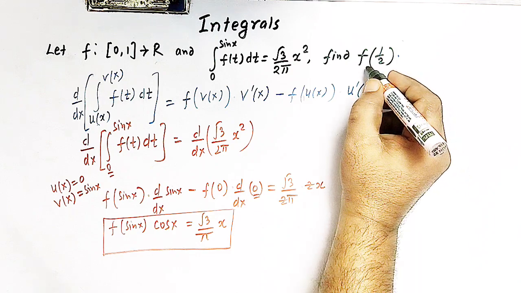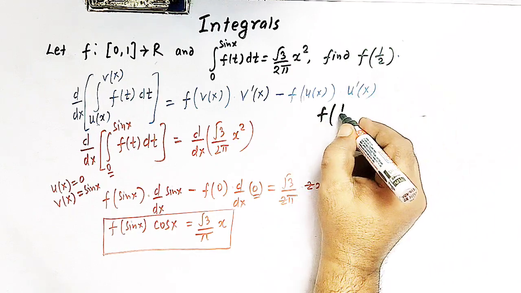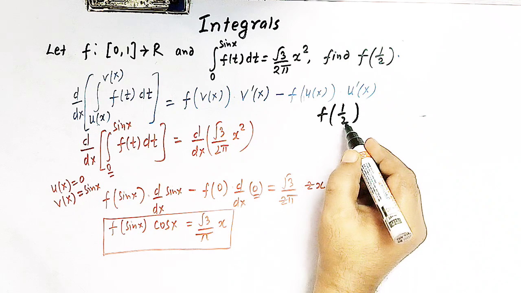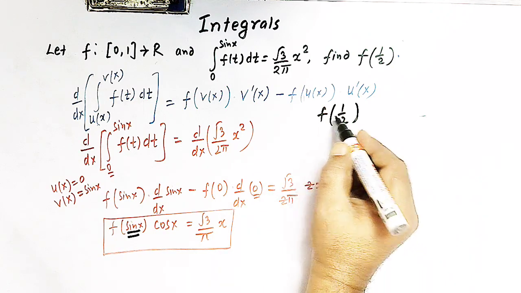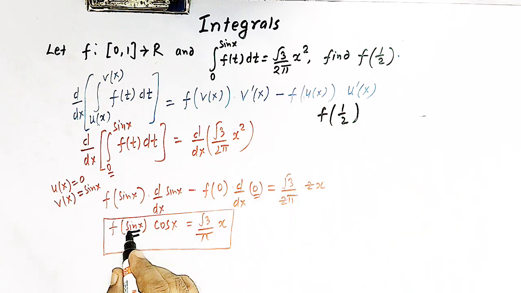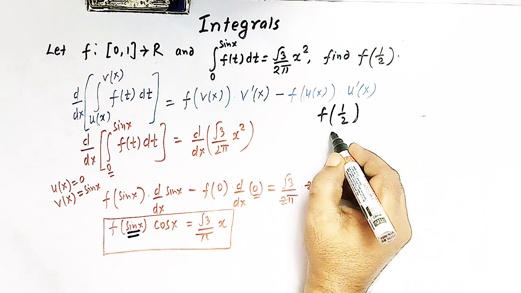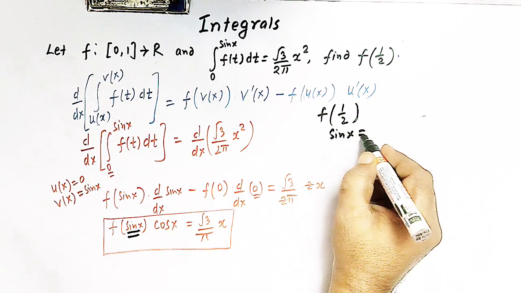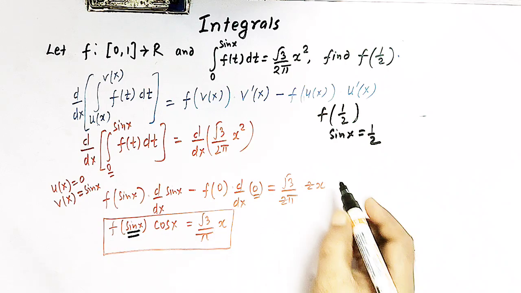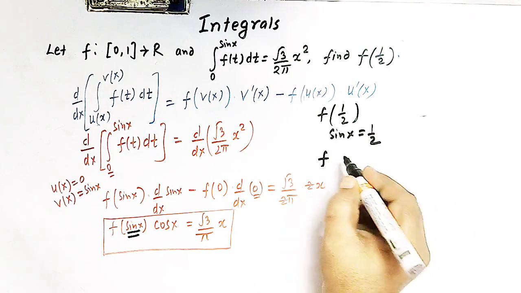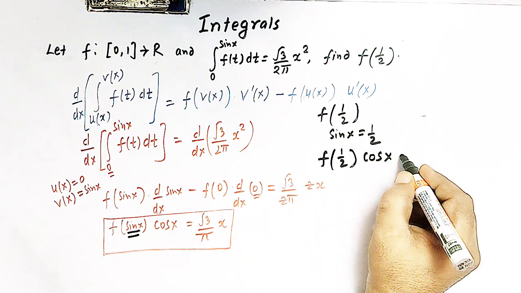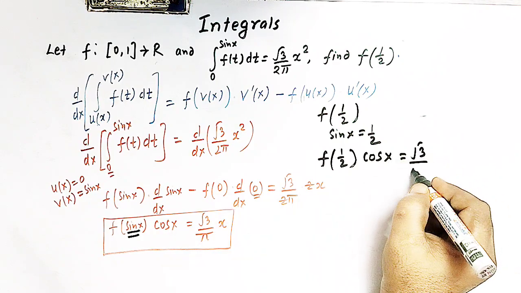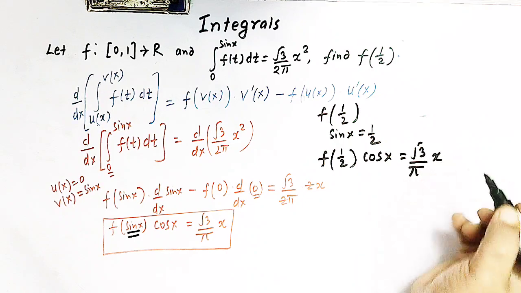Now we have to find f(1/2). Here the input is half, and we have f(sin x), so in order to get the value of f(1/2), let us replace sin x by half. The equation takes the form f(1/2) cos x equals root 3 over pi times x.